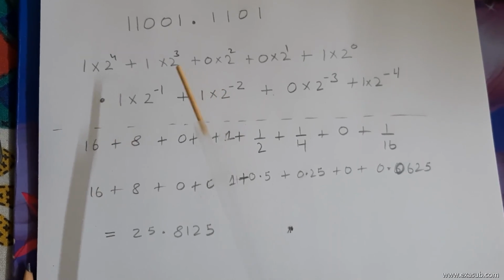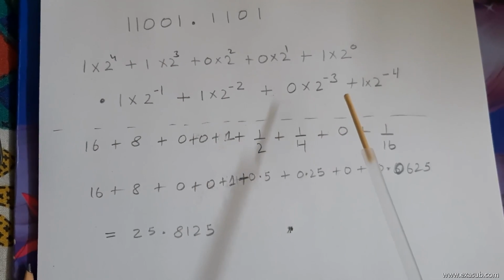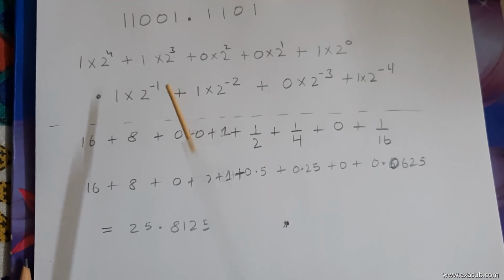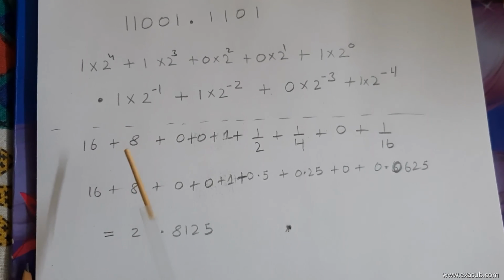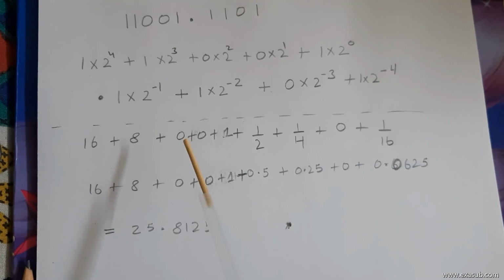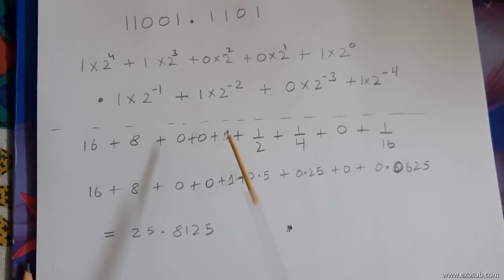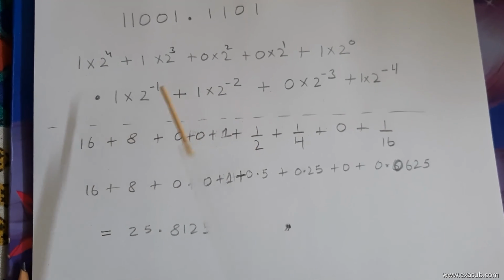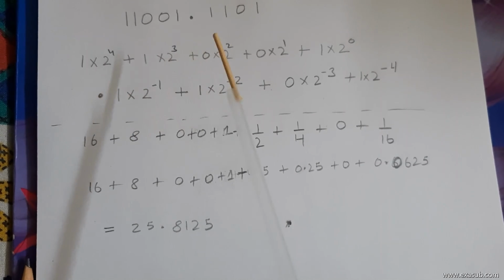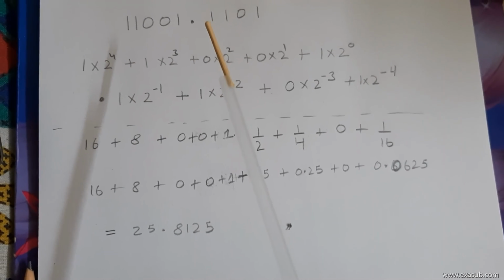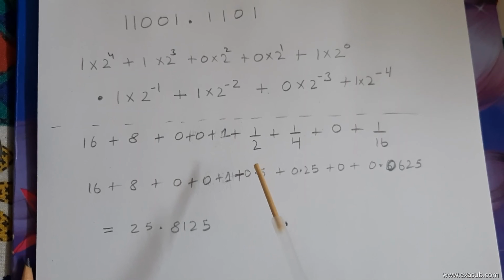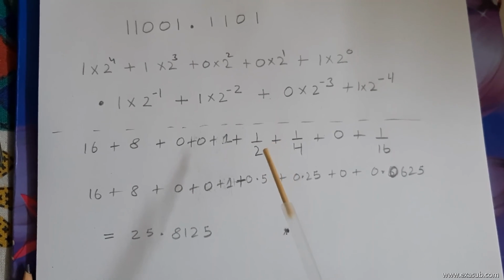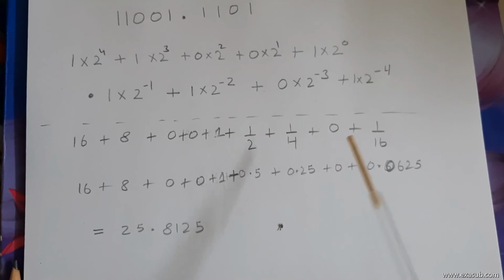If we simplify this, we get 16 plus 8 plus 0 plus 1, plus for the first digit after the point we get 1/2, and it goes on.